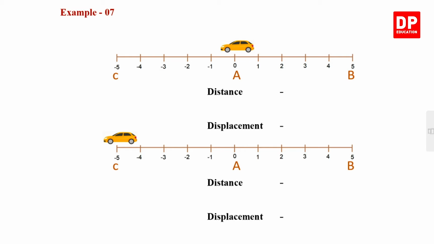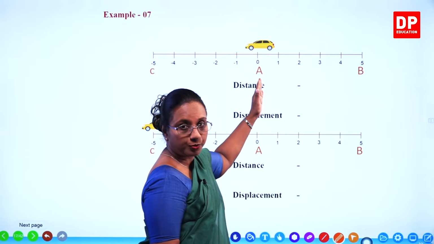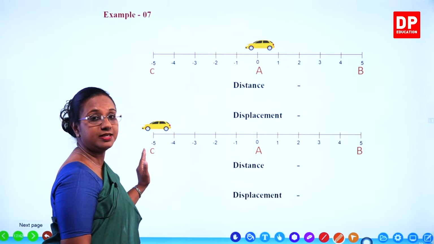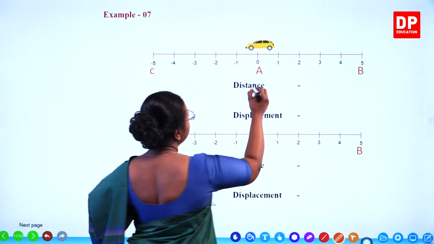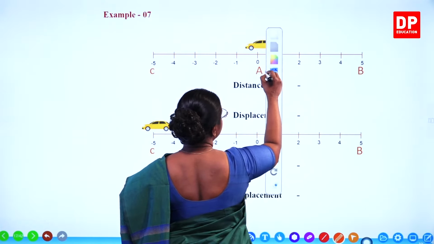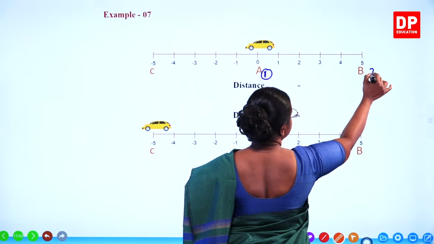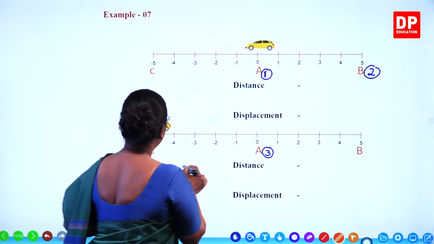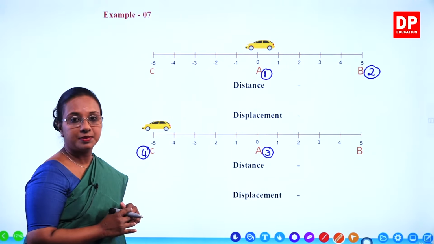So here the car now started from point A, it went to point B, again it has come back to point A and further travelled in the opposite direction to point C. So if we again consider the positions, this was position 1, then it went to position 2, again it came back to position 3, and finally position C is the last position.